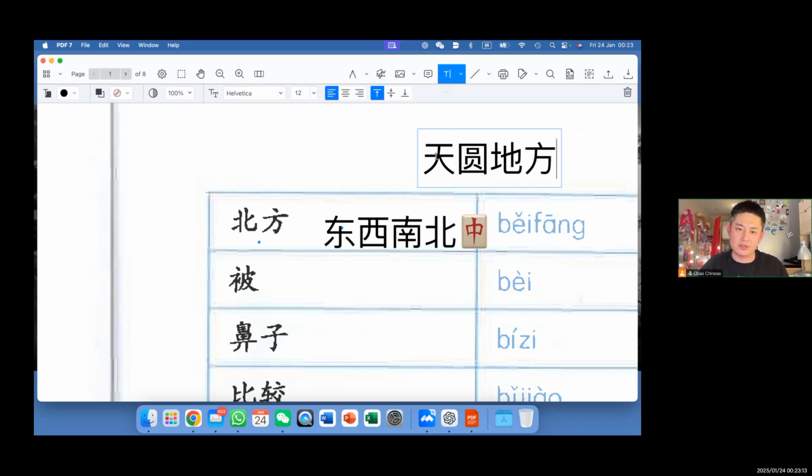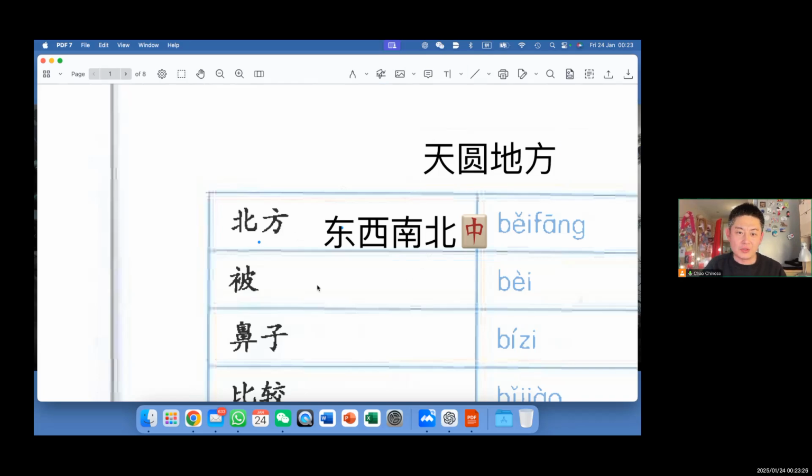So we have 4 directions. We're standing in the middle, and we call that the Middle Kingdom, 中国. Okay, I think I've explained that pretty clearly. Now, let's continue with the next one.